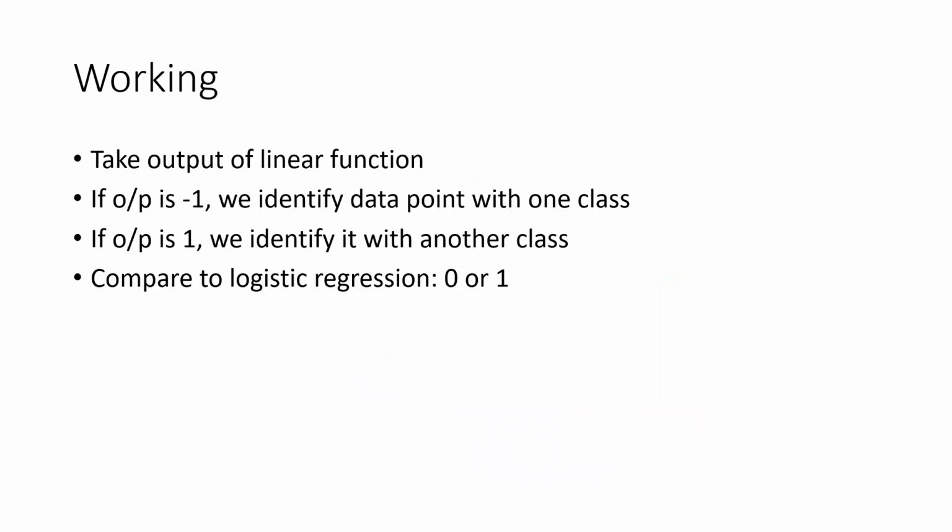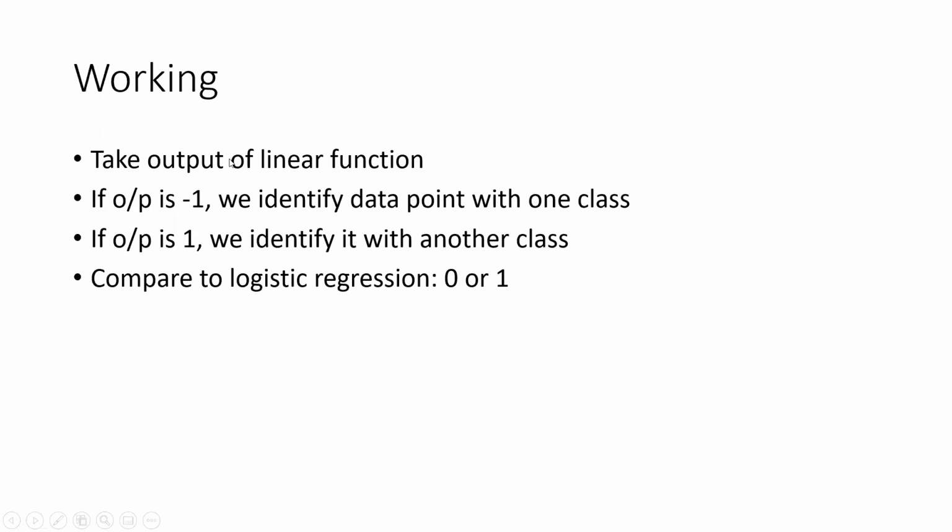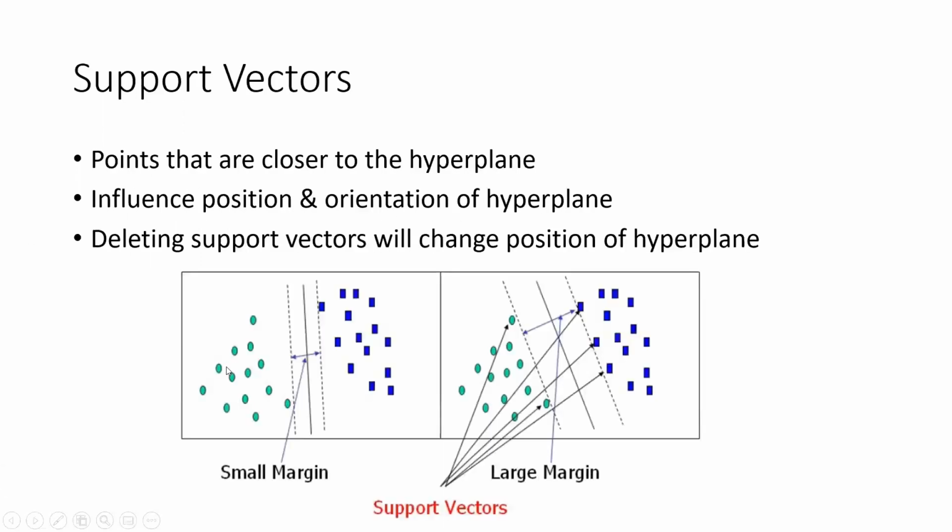So the actual mechanics looks something like this. Okay, so it works based on a linear function. So that's why we have a line or a plane, right? The algorithm considers the output of that linear function. Okay, and if that output is -1, we identify the data point with one class, let's say the circle class, for example.